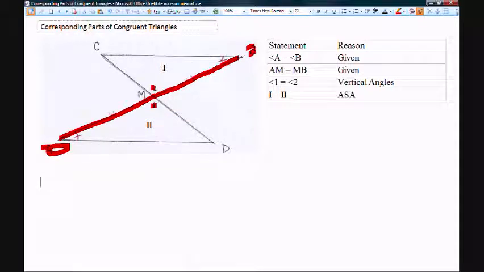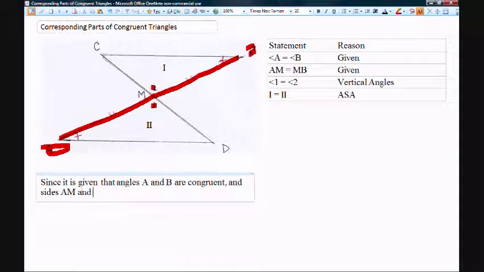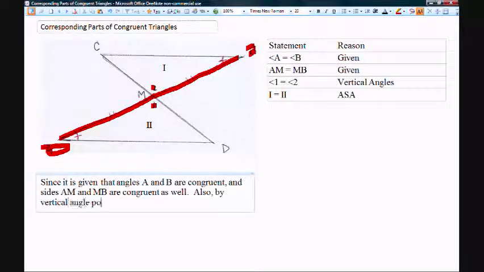You can start your paragraph by saying, since it is given that angles A and B are congruent, and sides AM and MB are congruent as well, also by the vertical angles postulate, angles 1 and 2 are congruent.